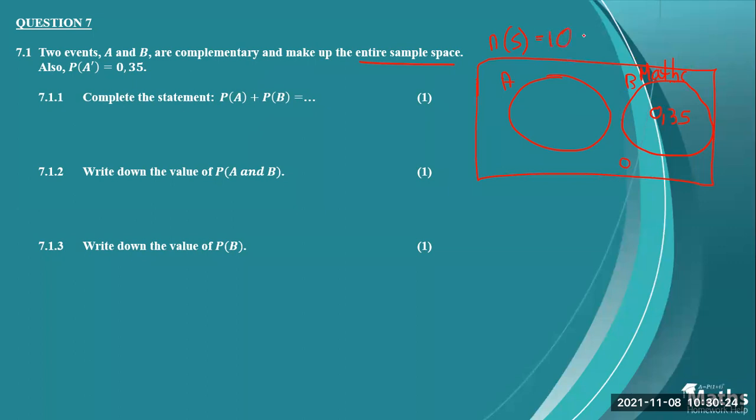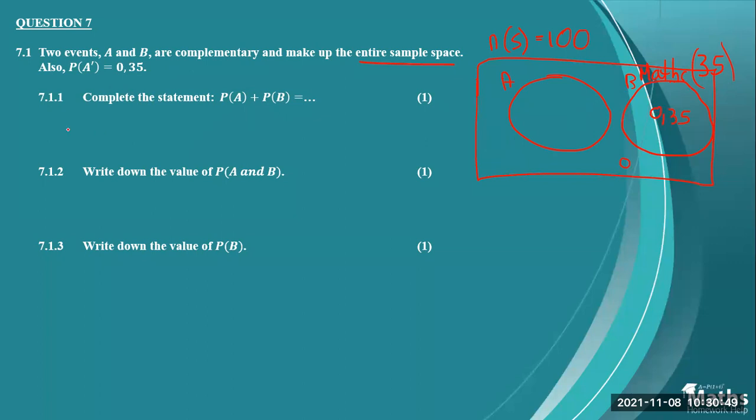With complementary, it must always add up to 1. The total must always be 1, or like 100%. So if this is maths, it's then going to be 35 pupils take maths. And therefore, if it's not in A, it will be in B.